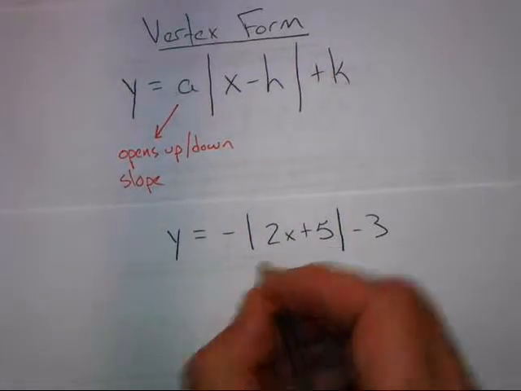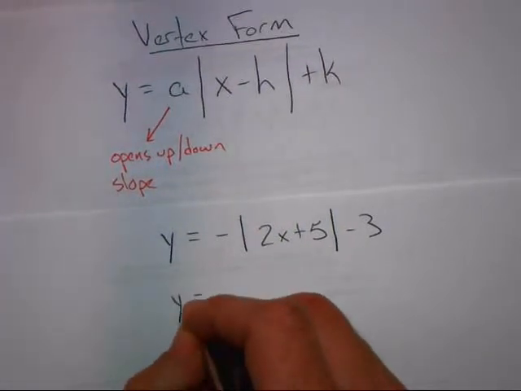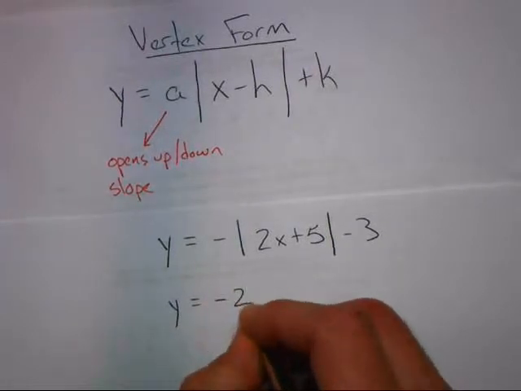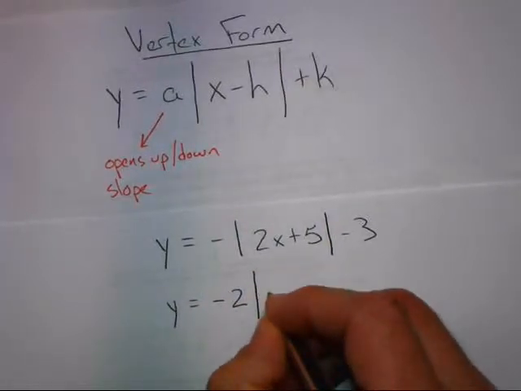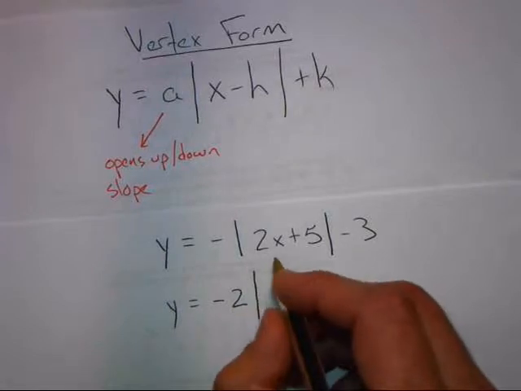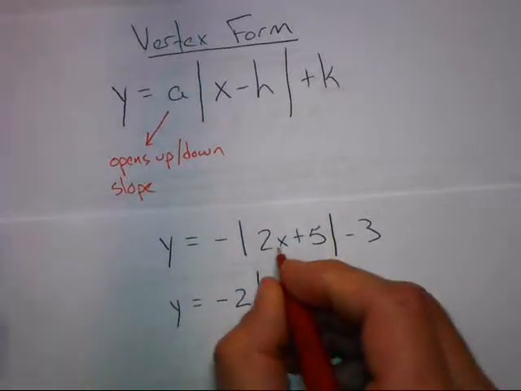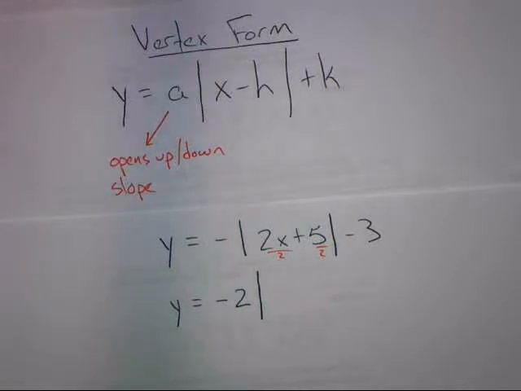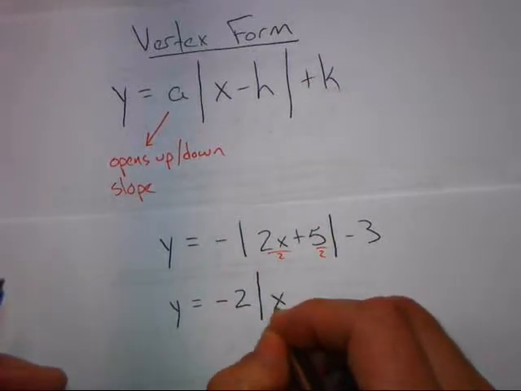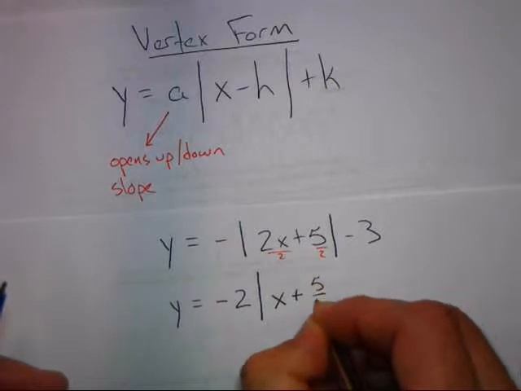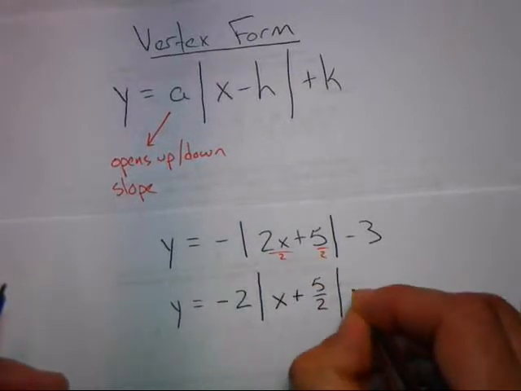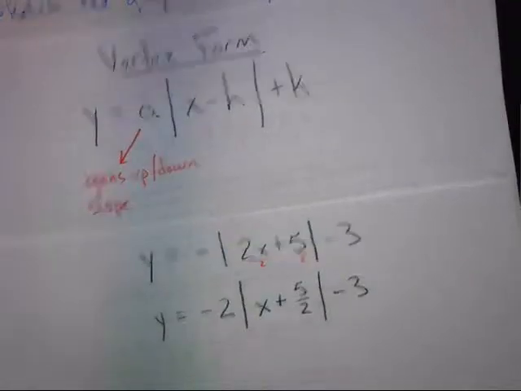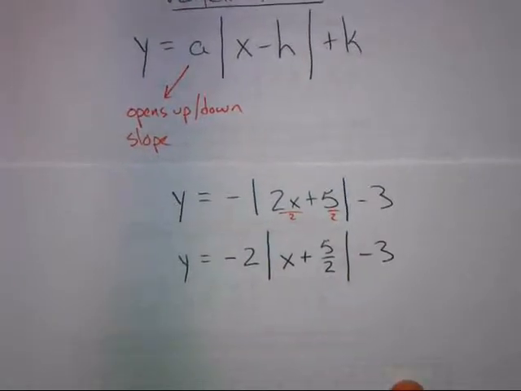We can in fact factor out that 2 just like we have done with those previous examples. And when we factor out that 2, what we'll end up doing is dividing each of these by 2. And that will leave us with, on the inside, x plus 5 over 2. So that is a pretty nifty trick.